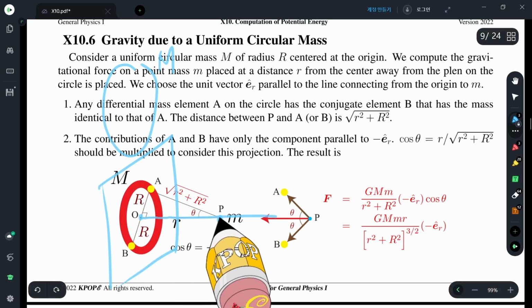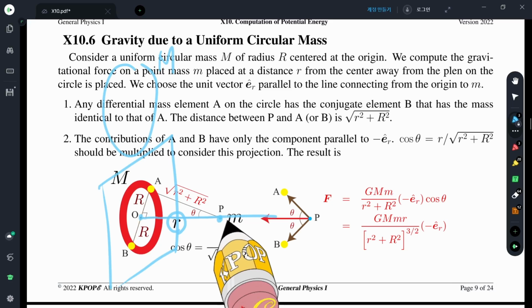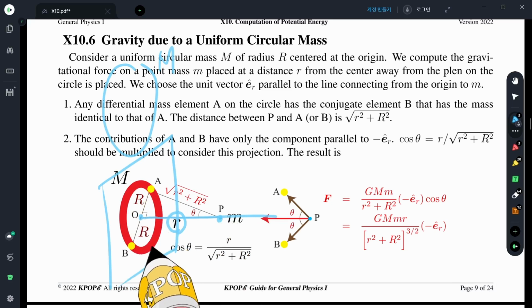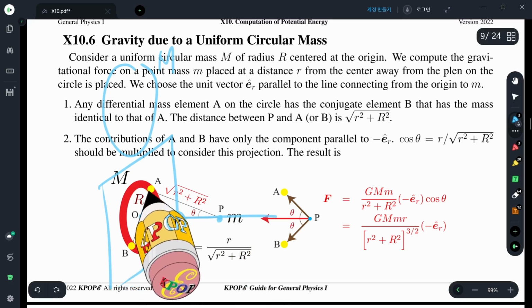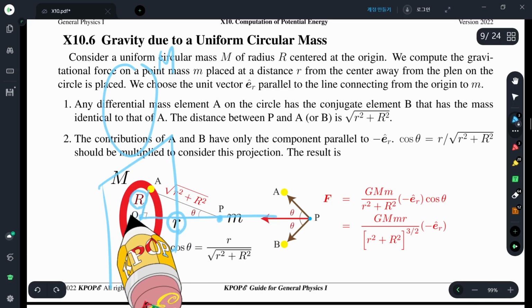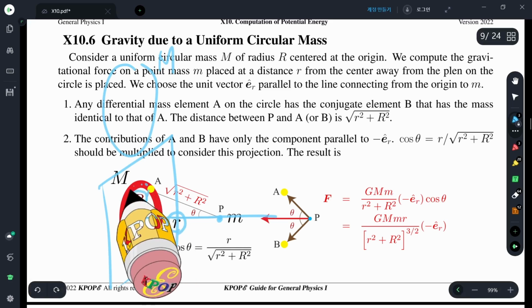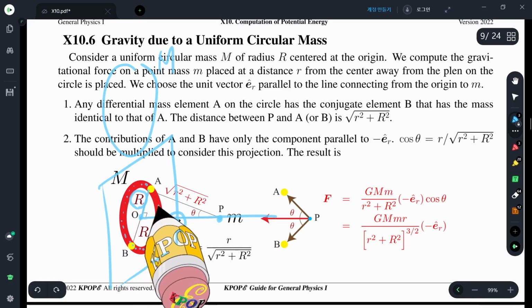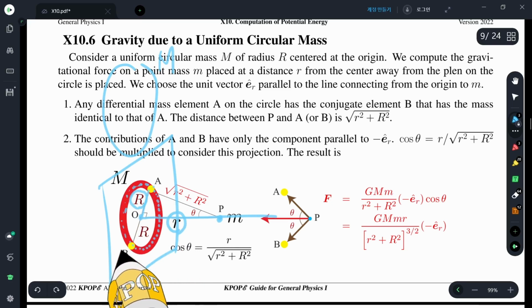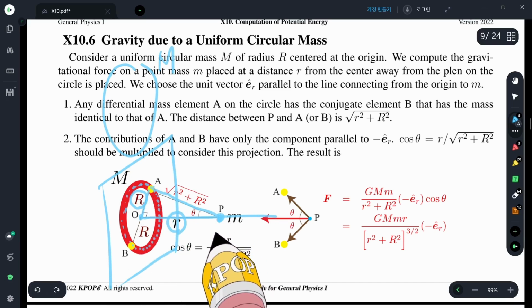Then this small r is the perpendicular distance from the circle to the mass, and the radius of this circle is capital R. Every partial mass of this distribution has equal distance to this small m.